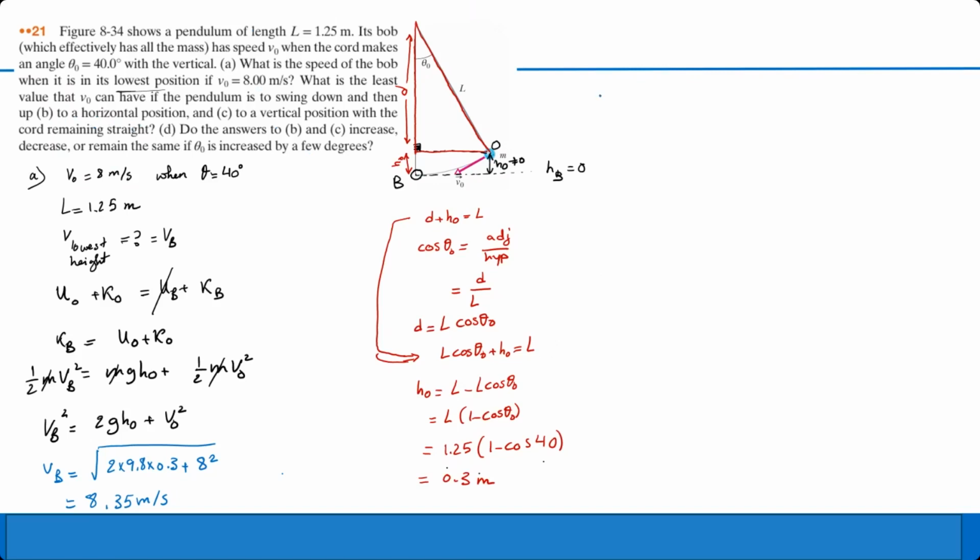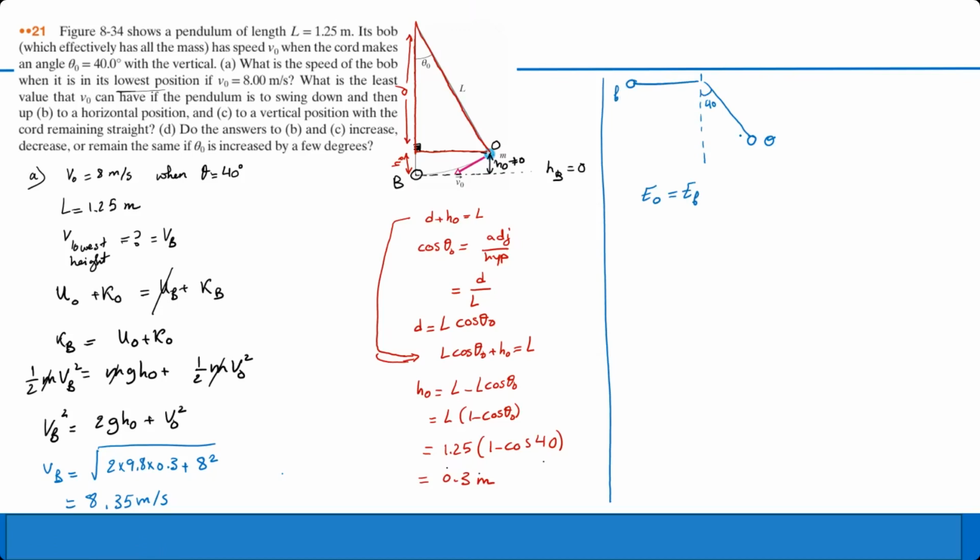So I'll make a small sketch for that. I'll have the pendulum starting here with angle 40 and ending all the way here in the horizontal position. That's what I'm looking for. So I'll name this point O and I'll name this point F. I'll set EO to be equal to EF.